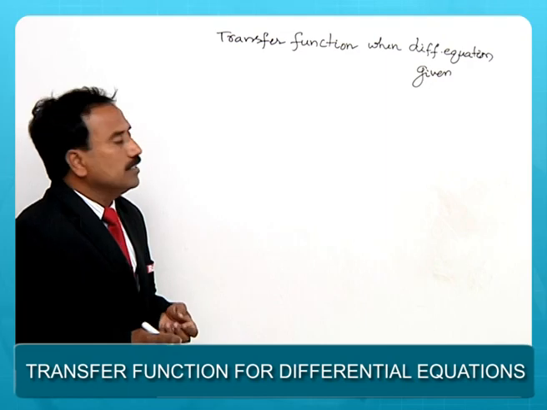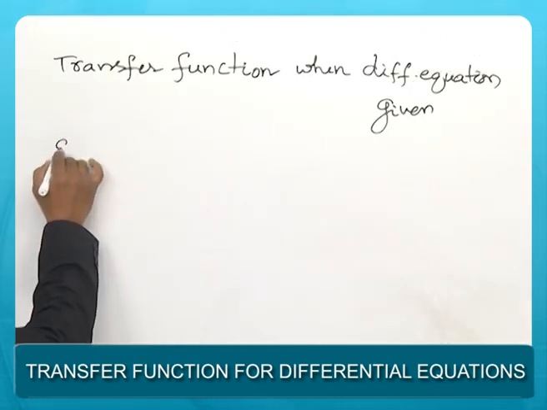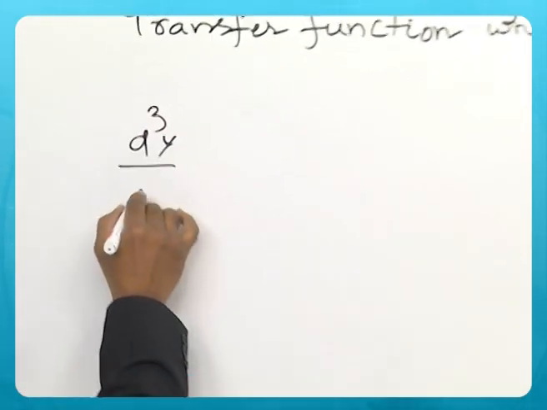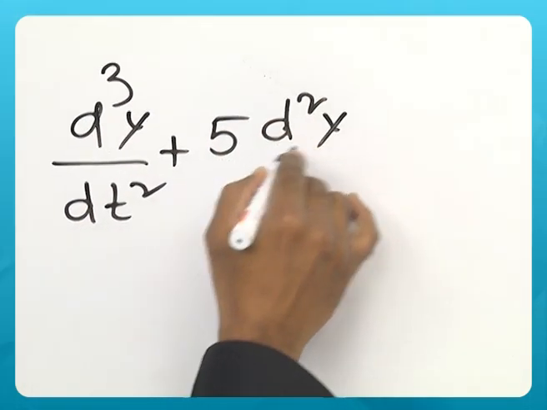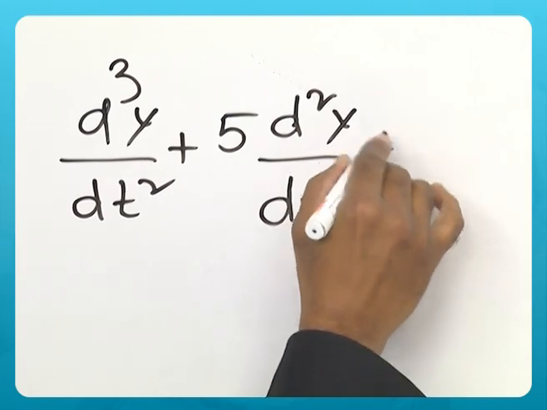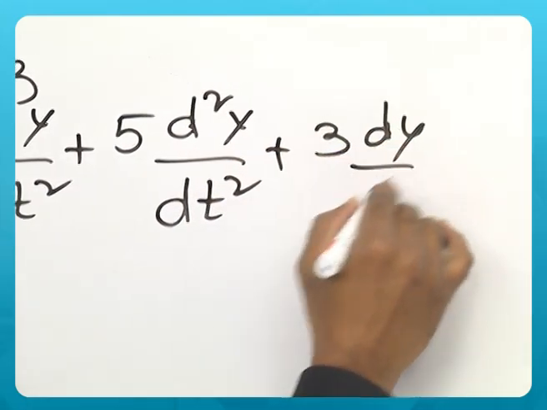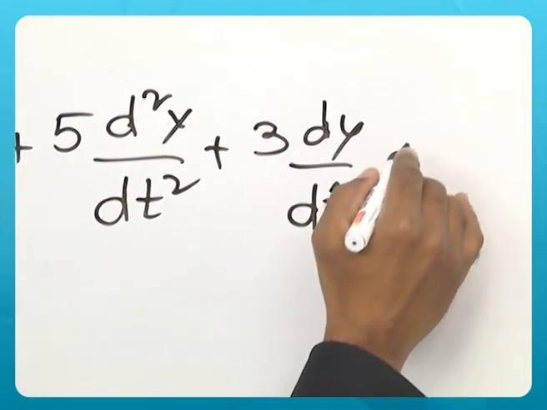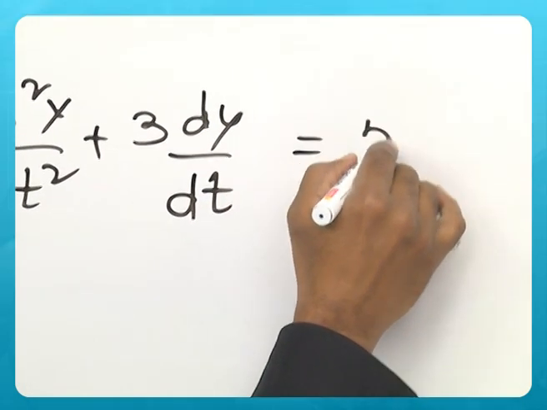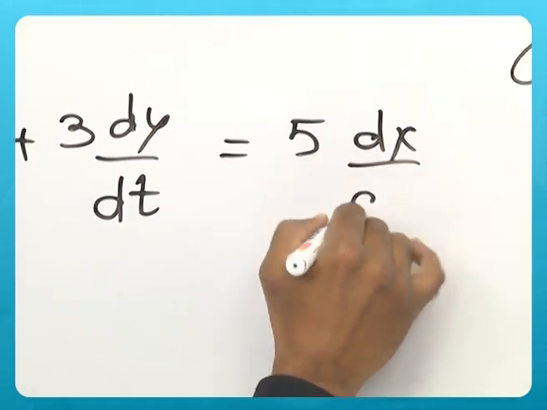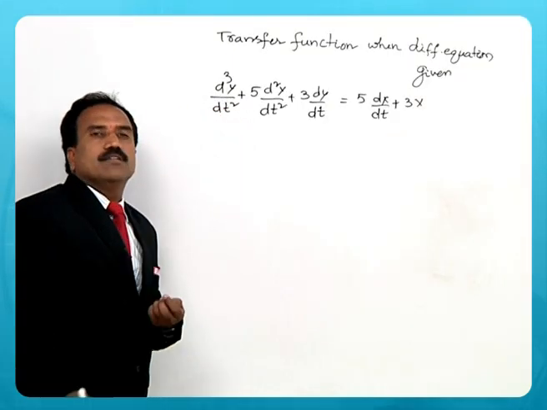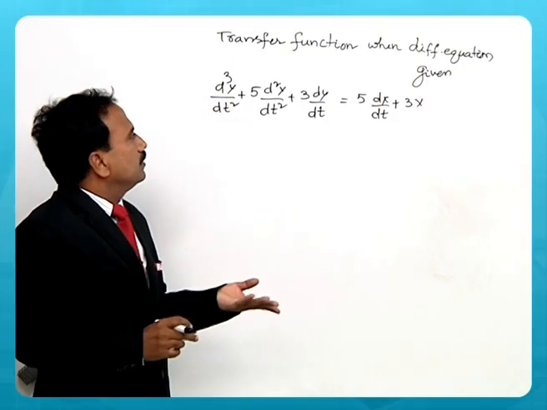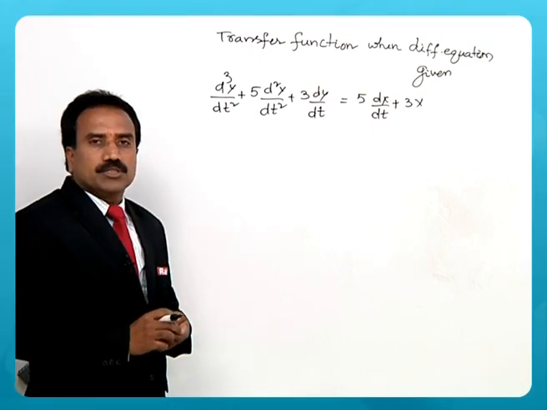Let us consider the example of d cube y by dt cube plus 5 d square y by dt square plus 3 dy by dt is equal to 5 dx by dt plus 3x. This is the differential equation given. So how to find a transfer function?